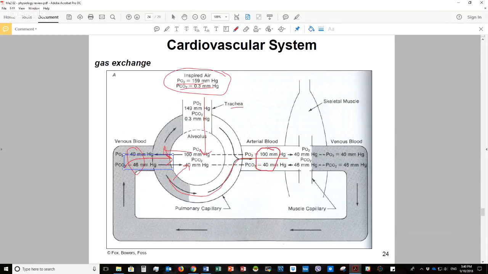Now you can see we went from about 50-50 to almost 3 times as much oxygen as CO2. That then travels to the muscle where that exchange happens, and we get back to that 50-50, and then we come back around. That's a more simplified version.